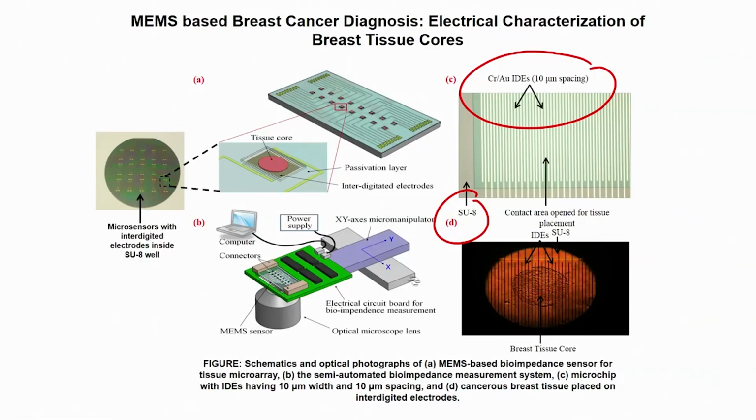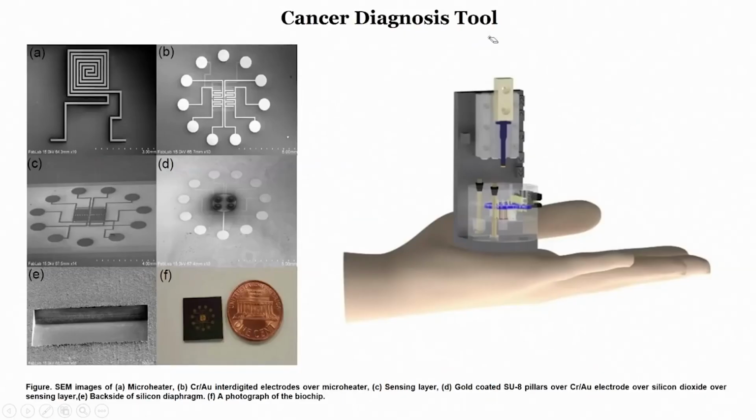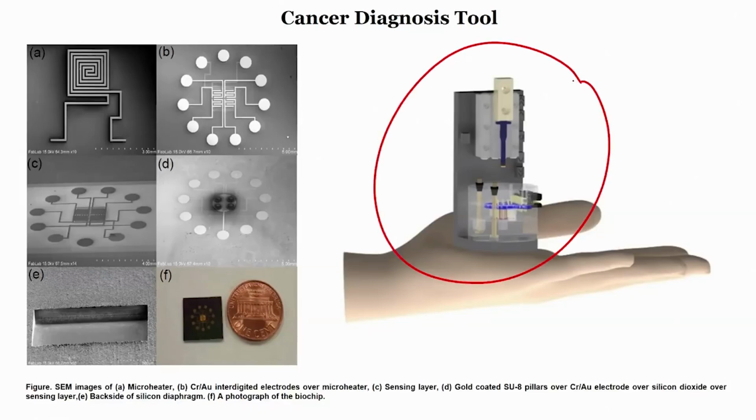So, we will see how we can use this kind of device for measuring tissue property, particularly the electrical property of tissue, okay. Let us move to the next slide. Now, we will also understand how we can design a tool that can be used for diagnosing cancer.